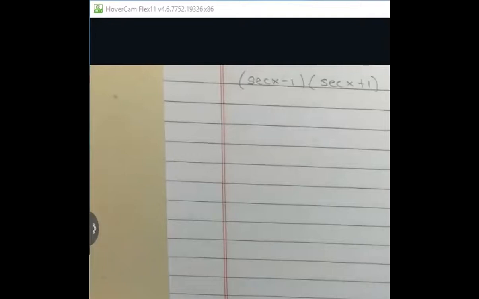I think I said that was... so this one was 1 plus the cosine squared of x divided by sine squared of x. And then this last one I said was cosecant of x.